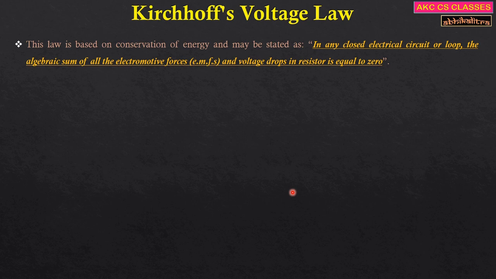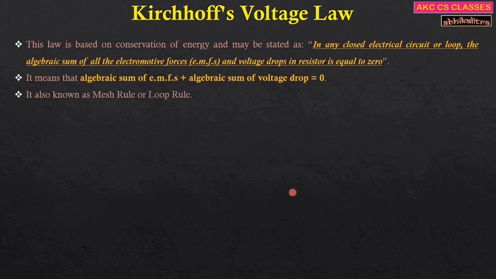What does that law state? In any closed electrical circuit or loop, the algebraic sum of all the electromotive forces, which are basically EMFs, and voltage drops in resistors is equal to 0, right? So that means the algebraic sum of EMFs plus the algebraic sum of voltage drops is equal to 0. Or we can say that the algebraic sum of changes of potential is 0.